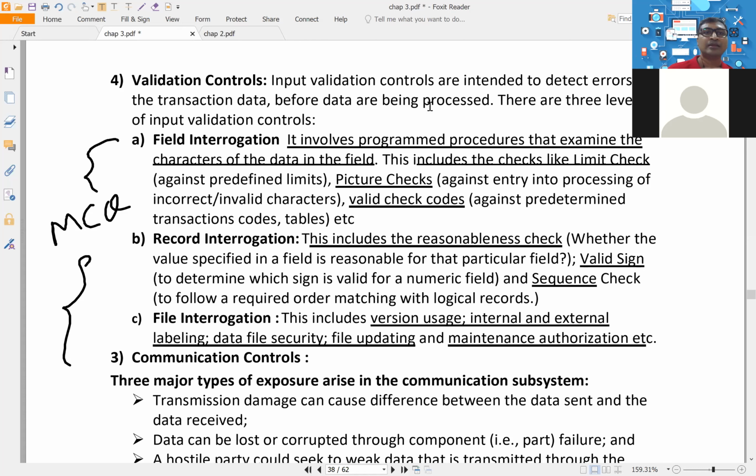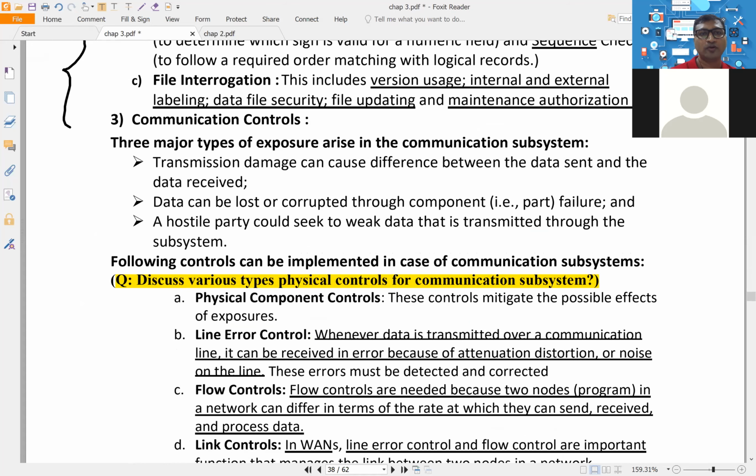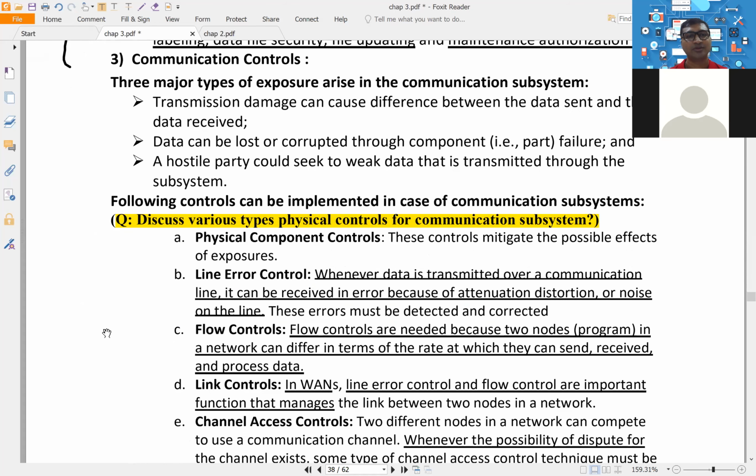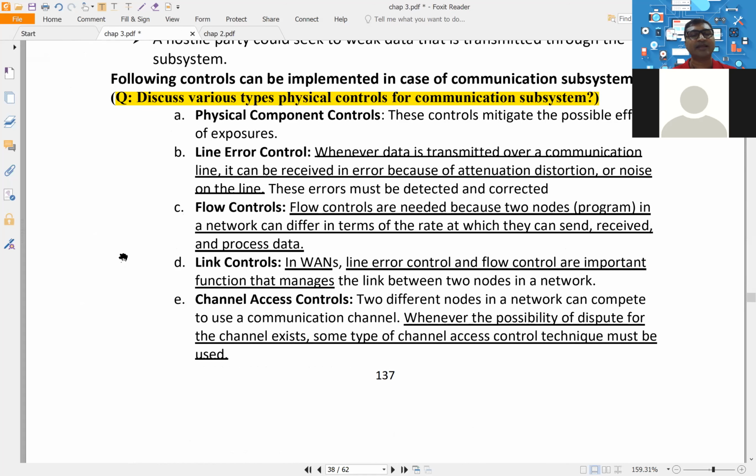Okay, now once your validation control is over, we'll go for communication controls. But here, believe me, they have not given everything in detail. They are just saying that during communication from one device to another device, certain errors exist.